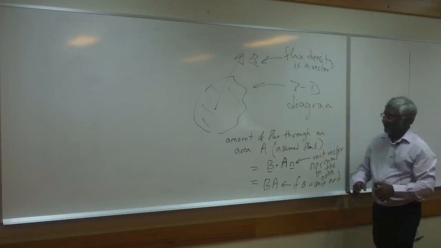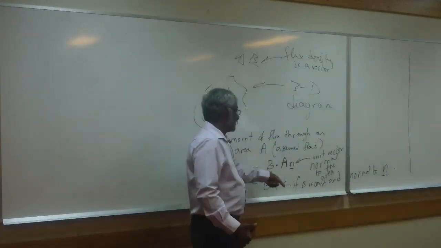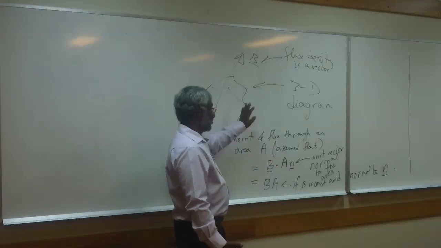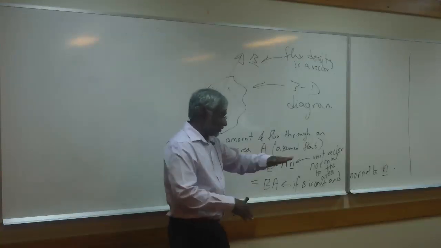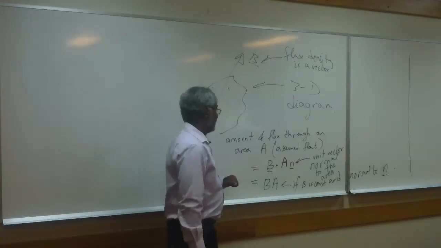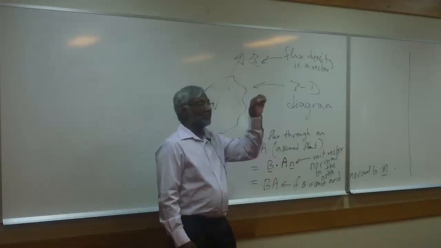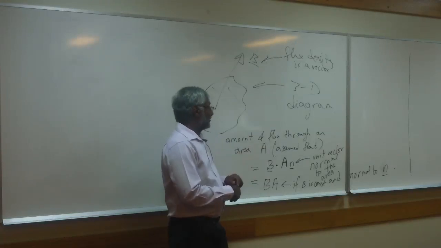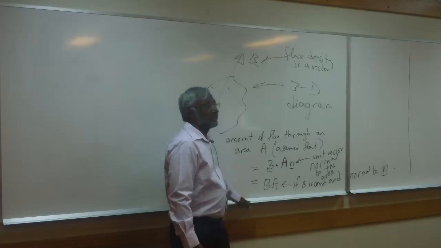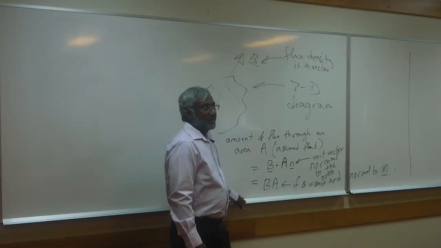So amount of flux is equal to BA, like flux density times area, only if those conditions are met. That is, only if the flux density is constant over the area, and also only if the flux density is normal to that area. If those conditions are not met, then you have a different, more complicated formula for amount of flux, which we don't need in this course.